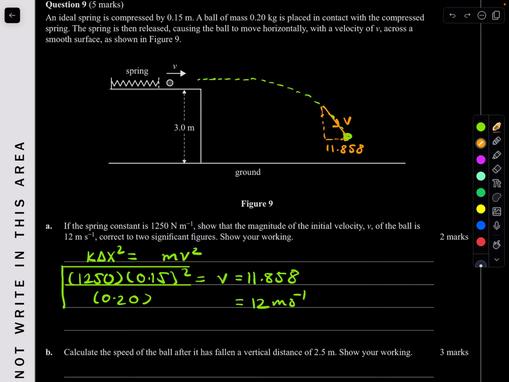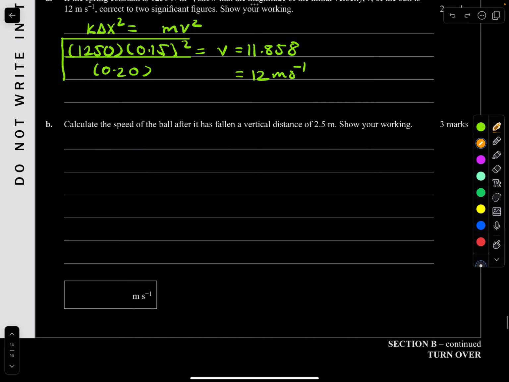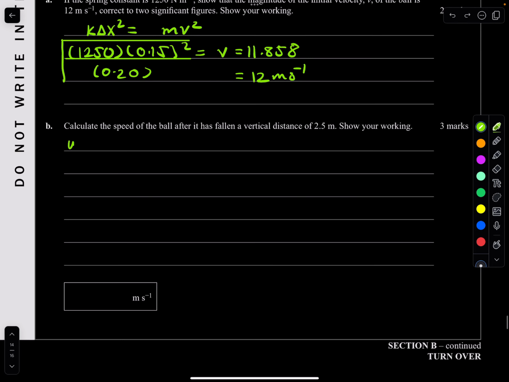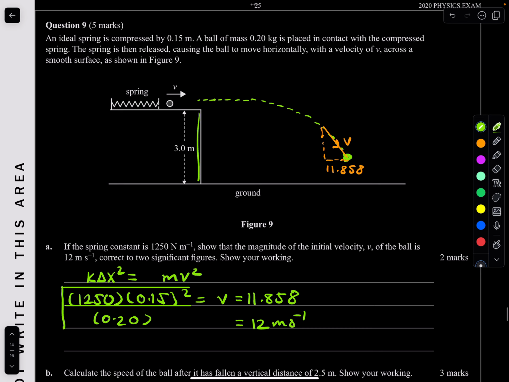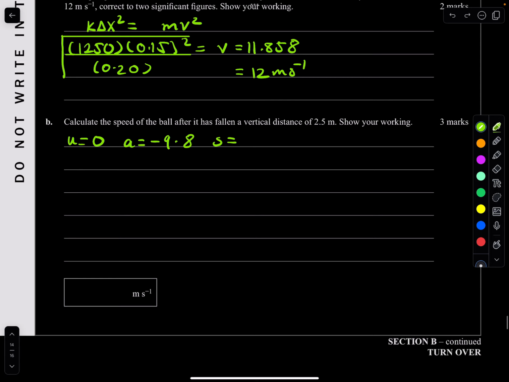To calculate the vertical velocity at that point, we need to use some SUVAT calculations. Initially there is no vertical velocity here. It's only horizontal, so u equals 0. a equals negative 9.8, of course. Your s, your vertical displacement, is negative 2.5 meters.